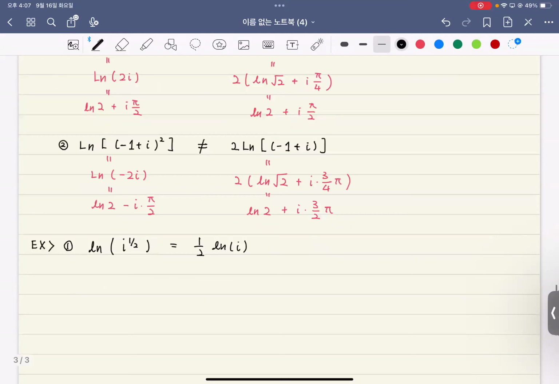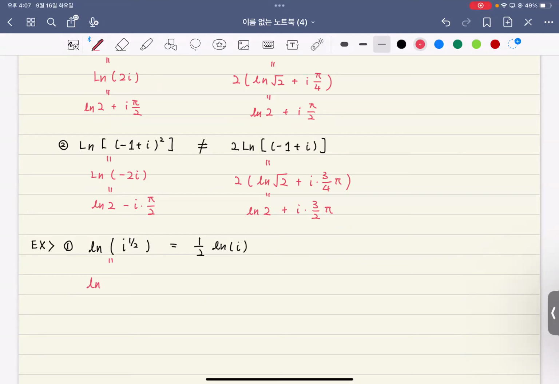Okay, let's do this. For the left-hand side, first I need to make sure what I mean by i to the 1/2.